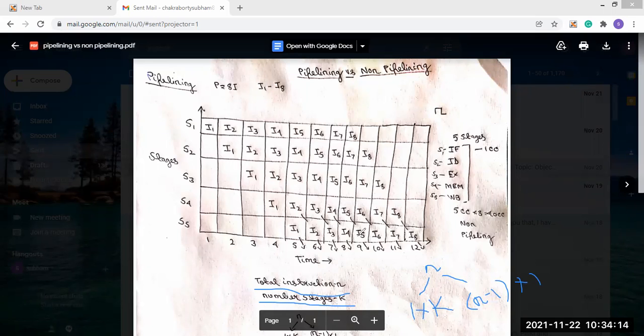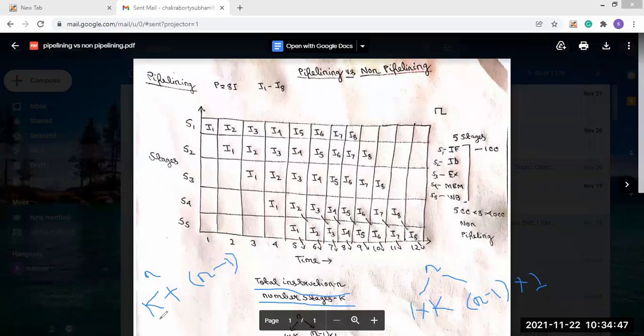Other than the first instruction, the second instruction executes in the 6th cycle, the third in the 7th, so all the other instructions get executed in 1 clock cycle. So our total will become k plus n minus 1.